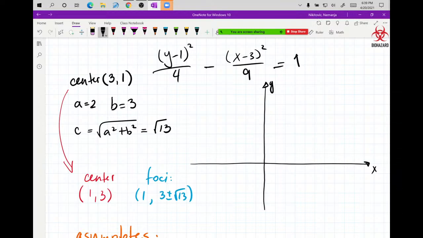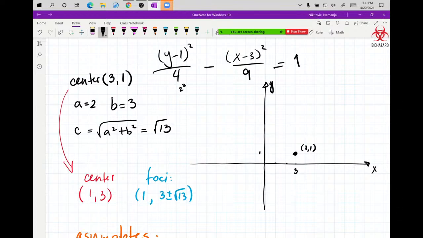All right, so we have 3 on x and 1 on y, and that's our center 3, 1. Now, y is associated with 2, right? That's a 2 squared.